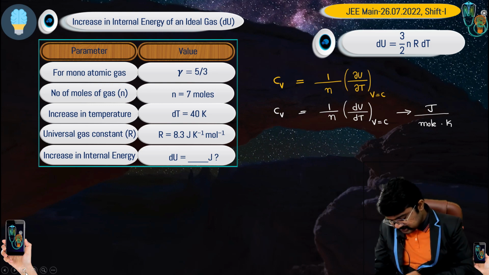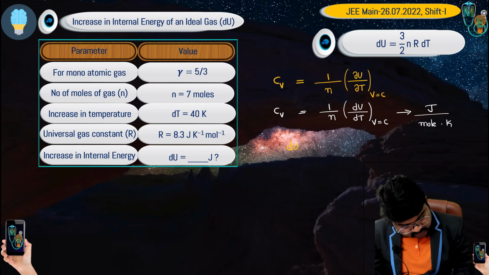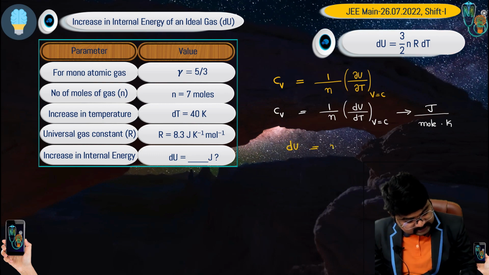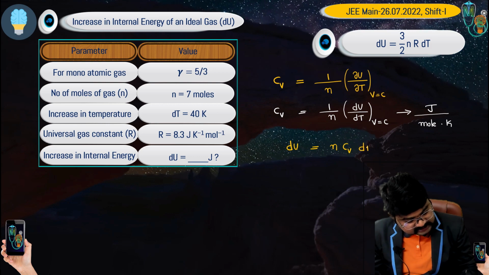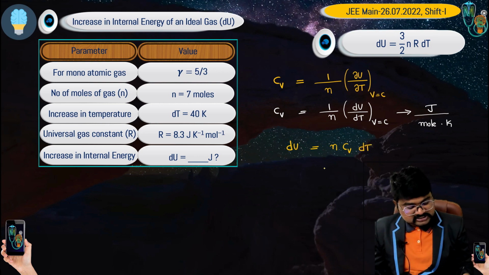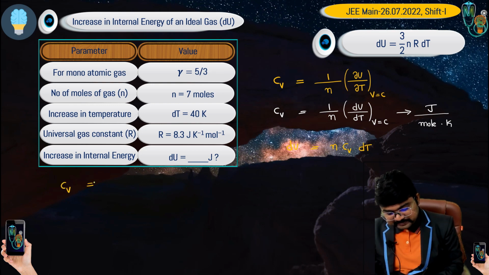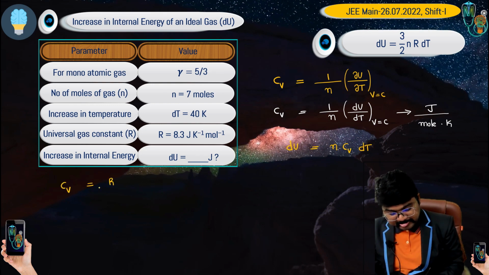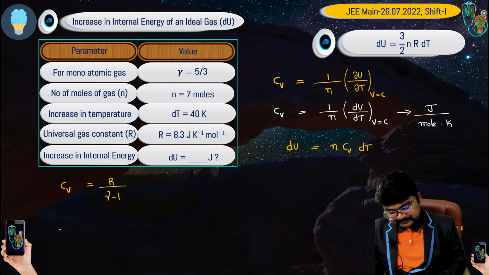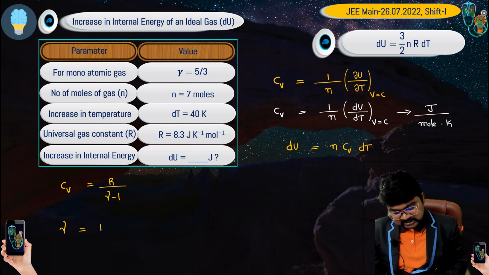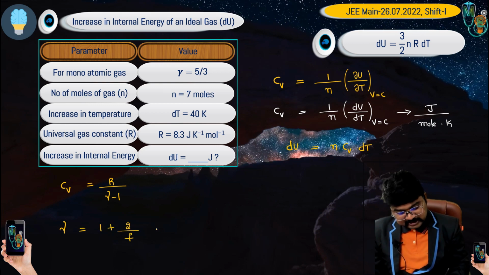Now tell me what is dU? I want to write dU equal to n Cv dT. So just now we proved that generally we know that Cv equal to R by gamma minus 1. Here gamma is nothing but 1 plus 2 by degree of freedom.